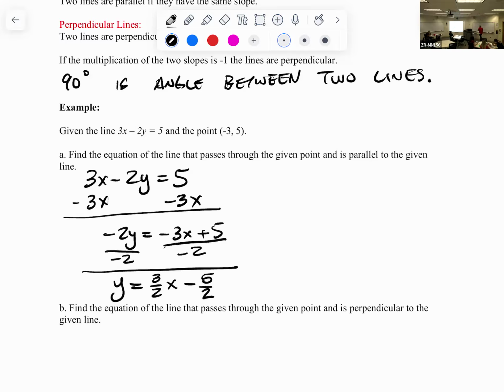That gets me my equation, in our favorite form, y equals mx plus b of the first line. Then the parallel line. The parallel slope will be exactly the same. So what's the slope of the parallel line? 3 over 2, exactly the slope of the first line.